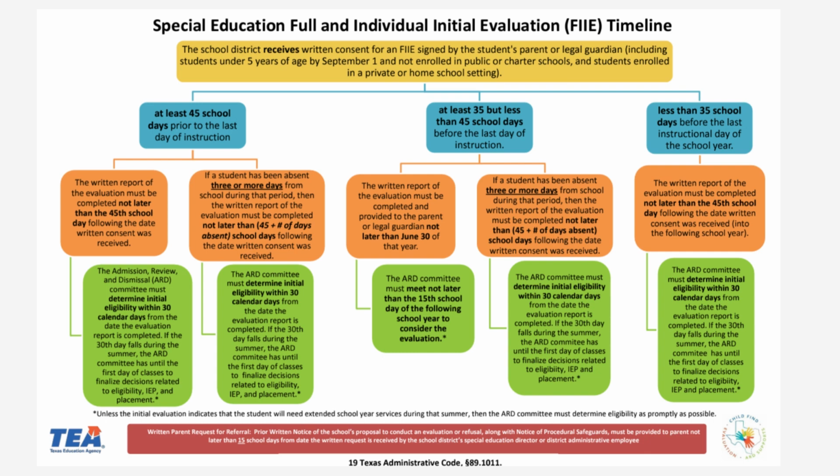The ARD committee must determine initial eligibility within 30 calendar days from the day the evaluation report is completed. If the 30th day falls during the summer, the ARD committee has until the first day of classes to finalize decisions related to eligibility, IEP, and placement.